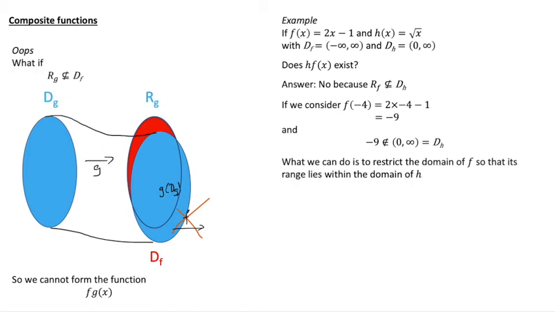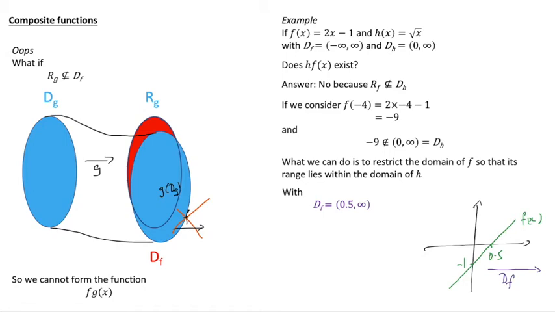What we can do is to restrict the domain of f so that its range lies within the domain of h. And we can do this by doing a quick sketch of the situation. We don't need a sketch necessarily, but as you'll know from watching some of these videos, we like our sketches. So those are the points on the x and y axis where f of x as a line would have to travel through.